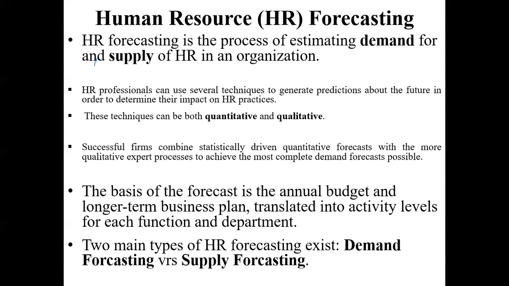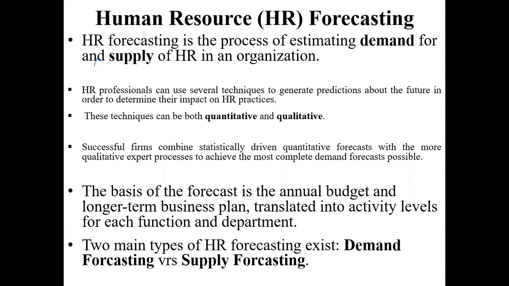So anytime we talk about human resource forecasting, we are essentially trying to estimate the number of human resources that will be needed or that will be available in the organization in terms of their quality and quantity. Now, so that is essentially human resource forecasting. And there are two main types of human resource forecasting.